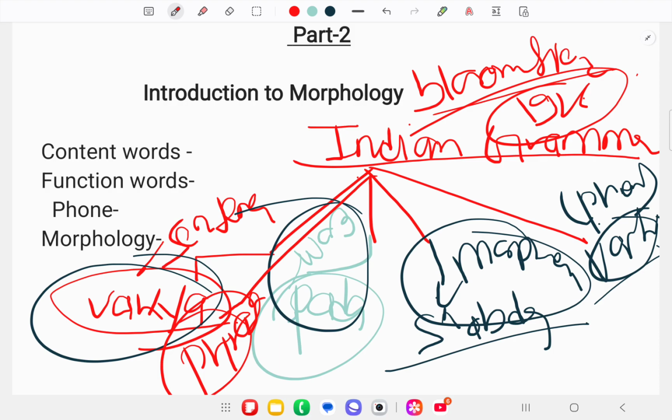The smallest meaning-bearing units are known as morphemes in modern linguistics. In a word there may be one morpheme, two morphemes, or three morphemes. Next we talk about the morpheme.